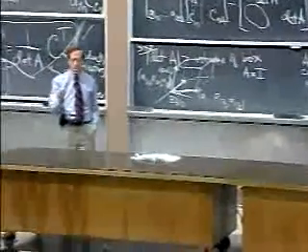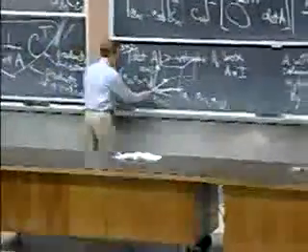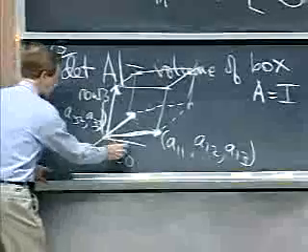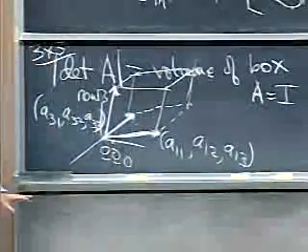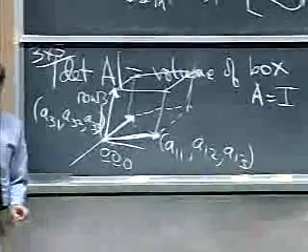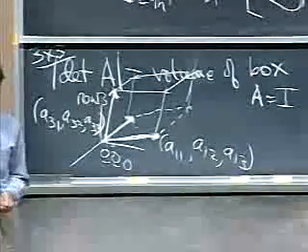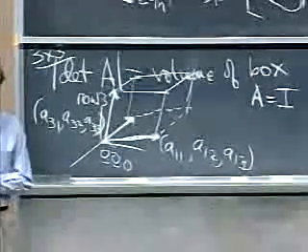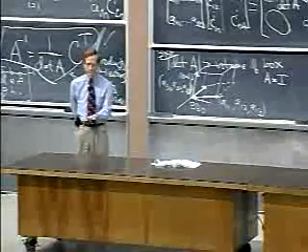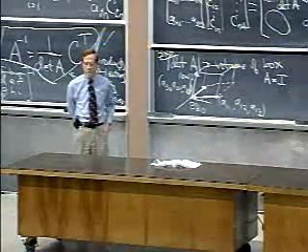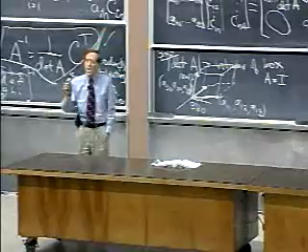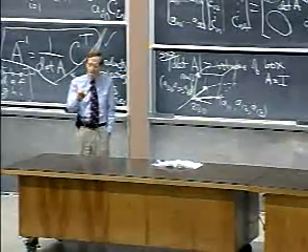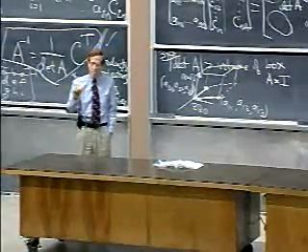If A is the identity matrix, then these 3 rows are the 3 coordinate vectors, and the box is a cube. It's the unit cube. So if A is the identity matrix, of course our formula is right. Actually, that proves that the volume has property 1.